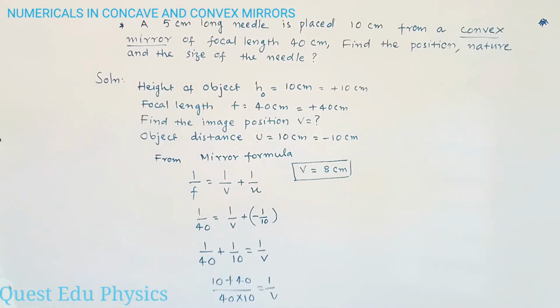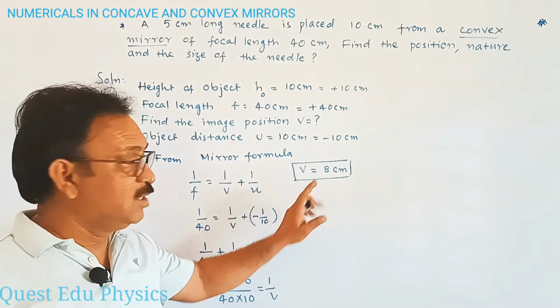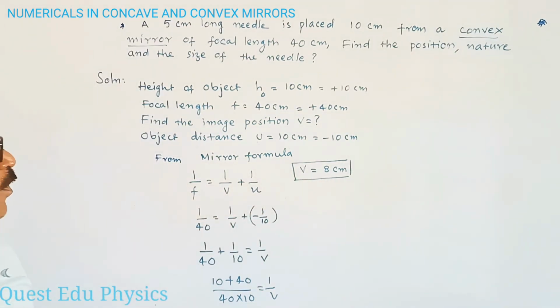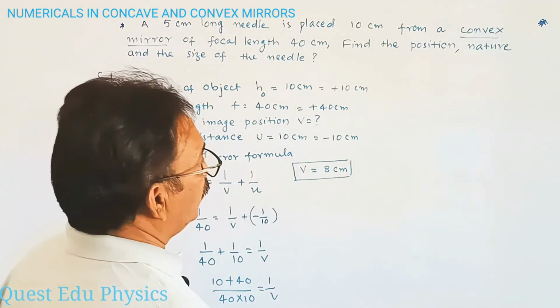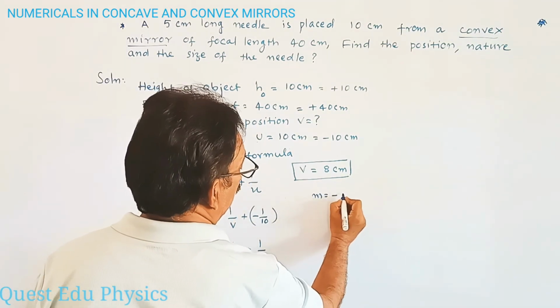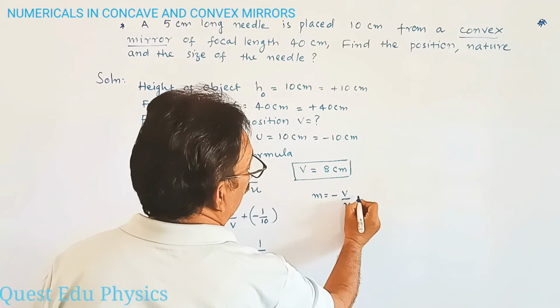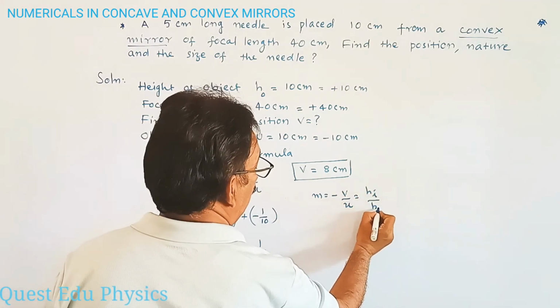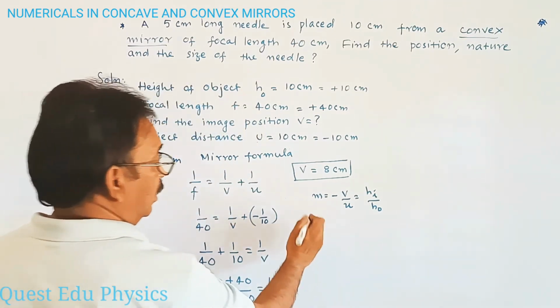Here it has a positive sign. Means what? That it is a virtual image, students. The image is virtual. Let's find the magnification. You know that magnification M is equal to minus V by U or HI by HO. Okay, students.